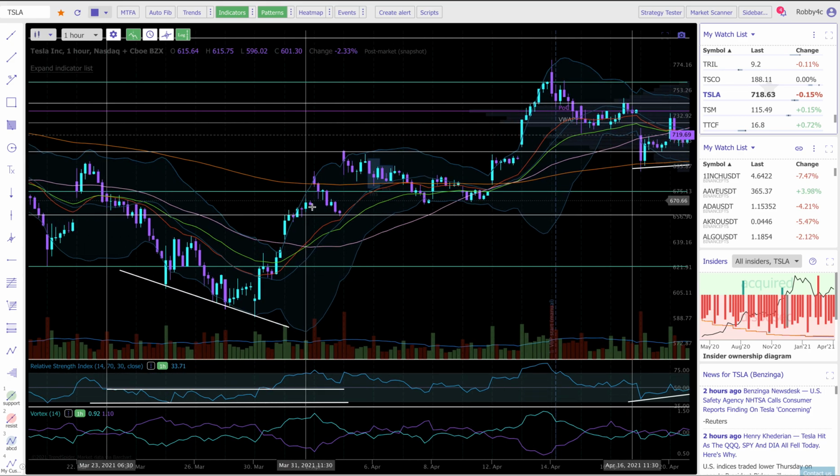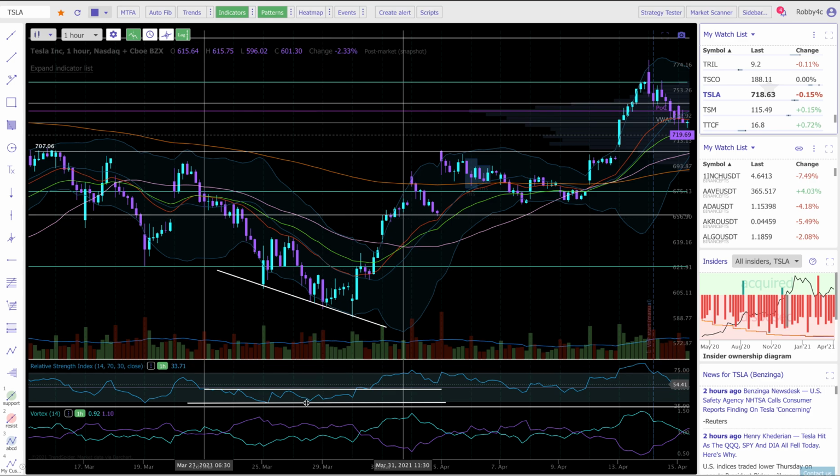And then if we move back here, we have a similar thing happening. So as we're making lower lows on the stock, the RSI is trading flat or making double bottoms and slightly increasing up.